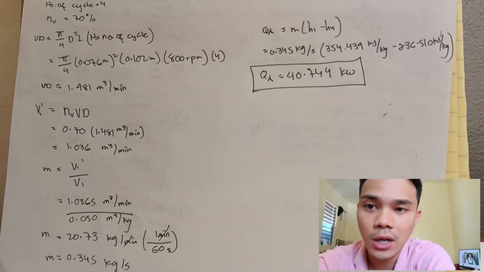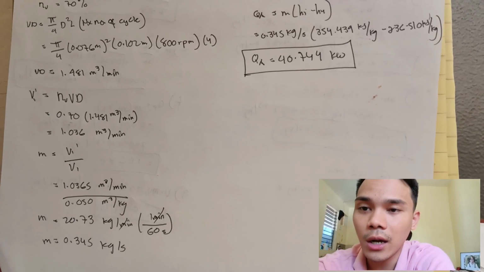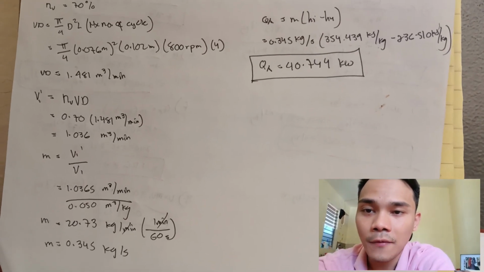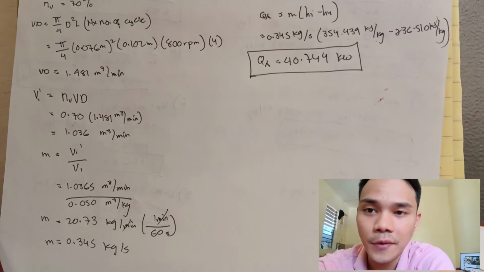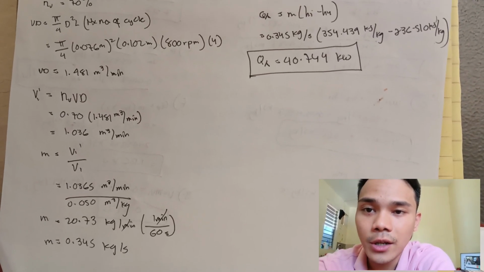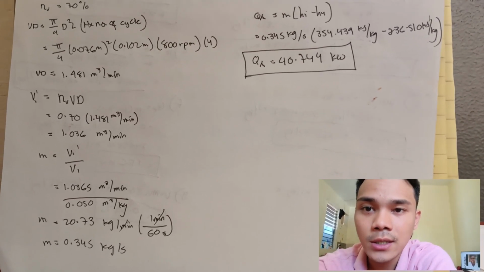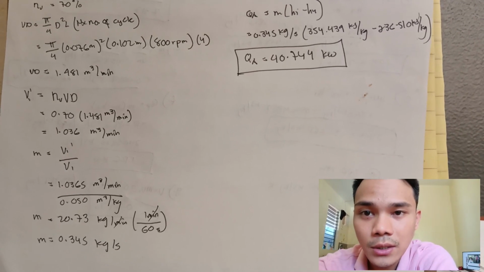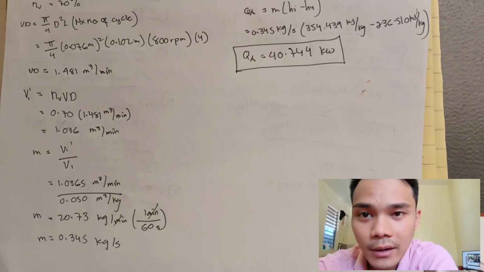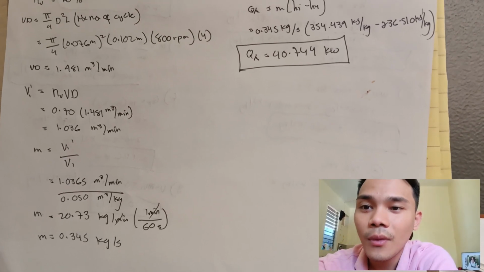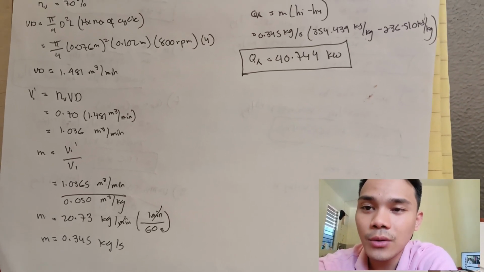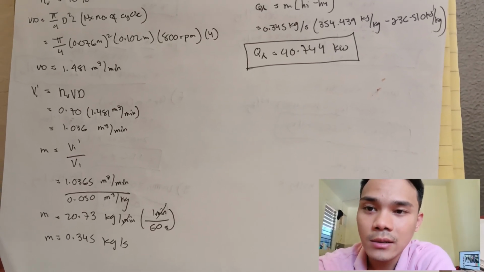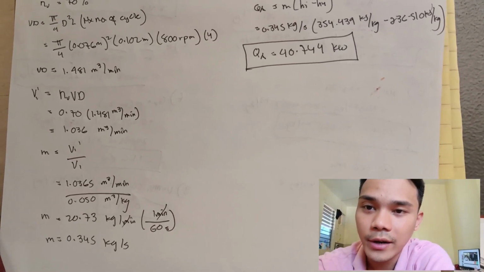We simply substitute the mass flow rate we got earlier, 0.345 kg per second, times the first enthalpy, 354.439 kilojoules per kilogram, minus 236.510 kilojoules per kilogram. Then we calculate, and our answer for the refrigerating capacity is equal to 40.744 kilowatts.